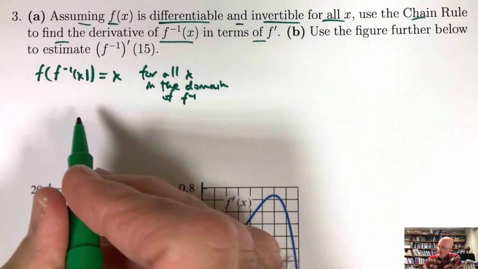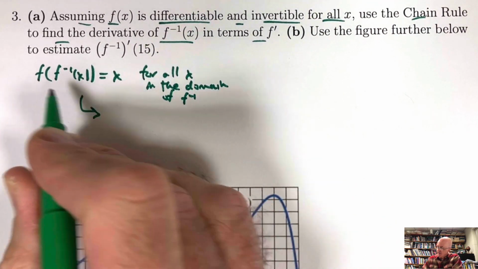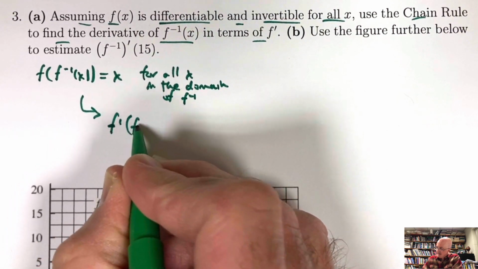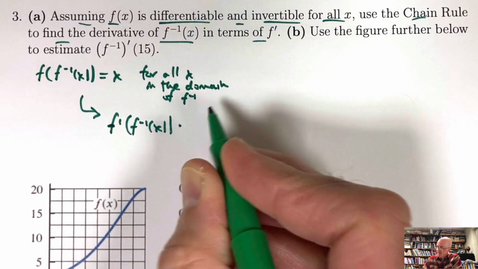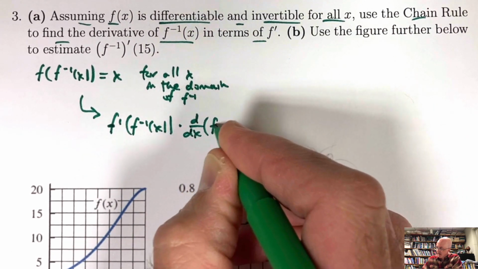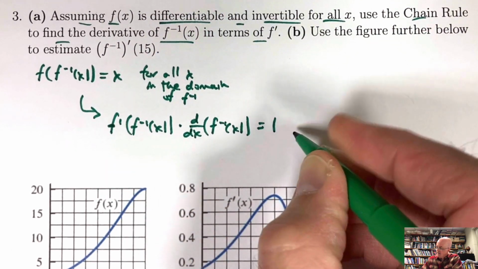As far as deriving the derivative here, use the chain rule. The derivative of the outside function is f prime, but then plug in the inside function, f inverse of x, then multiply times the unknown derivative that we want to solve for, d dx of f inverse of x. Also differentiate the right, 1.